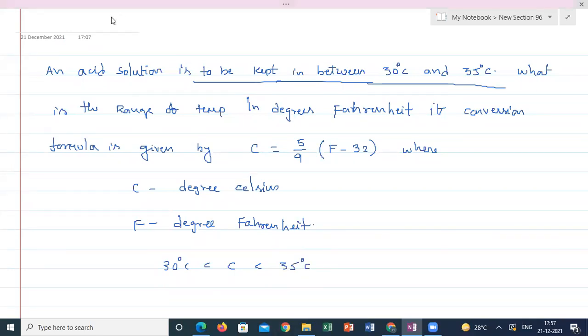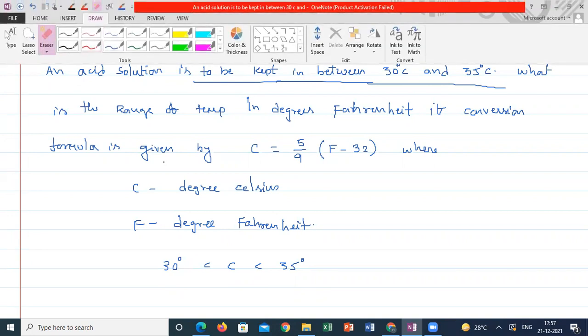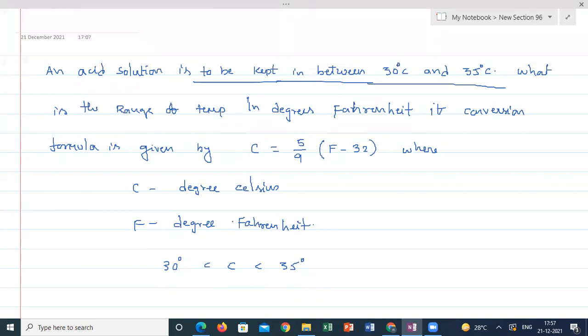So the range of the Celsius scale is between 30 and 35.